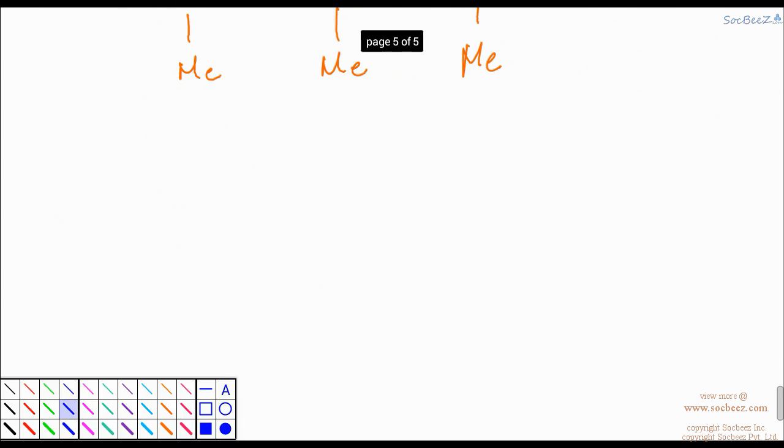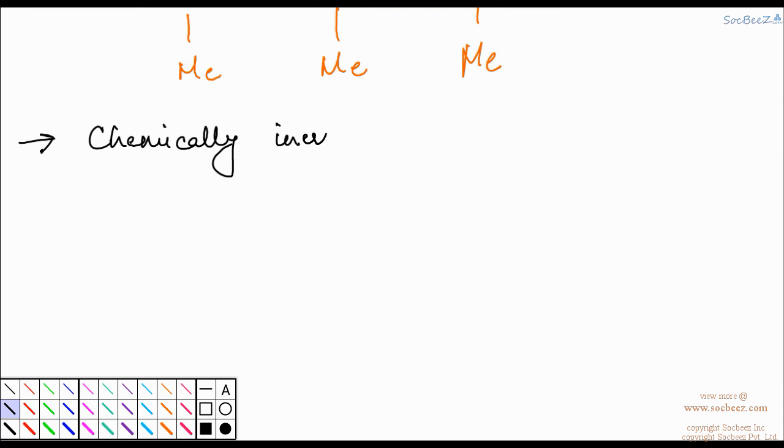Now let's see some important points about silicones. They are chemically inert. They are water repelling.